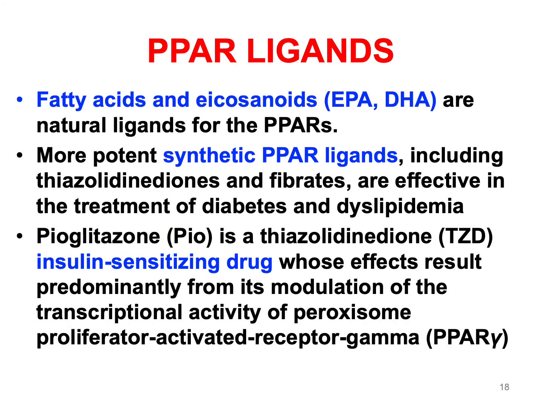So the PPAR ligands, a little bit of illustration, may be the fatty acids of the food, and the eicosanoids, the omega-3 and omega-6 fatty acids of the food. They are natural ligands for the PPARs.